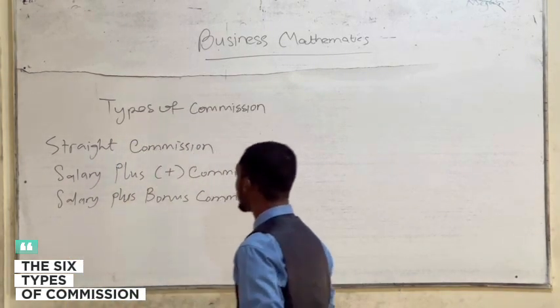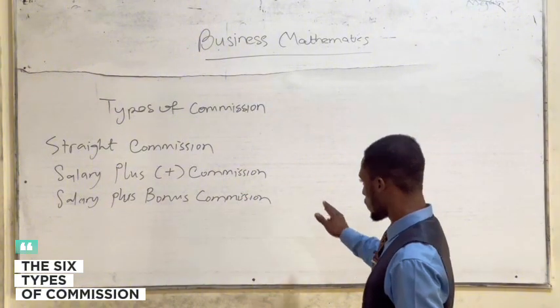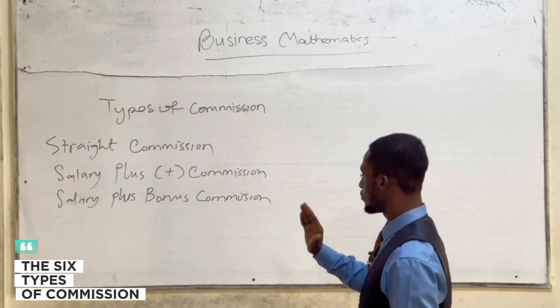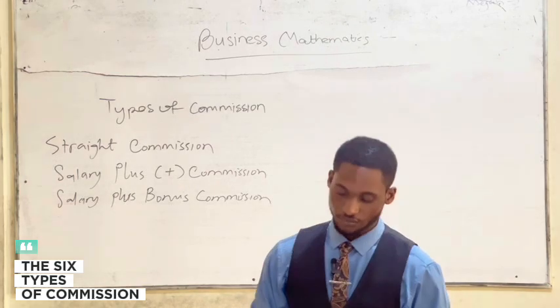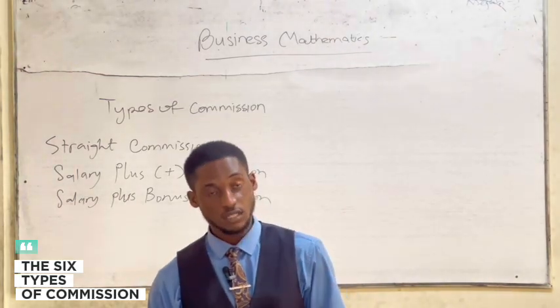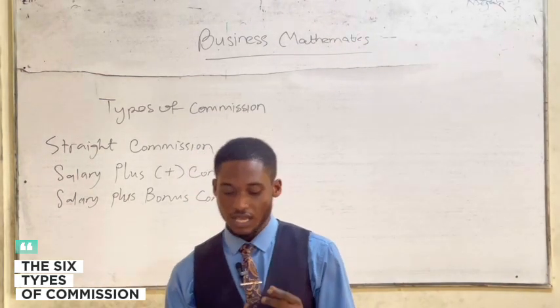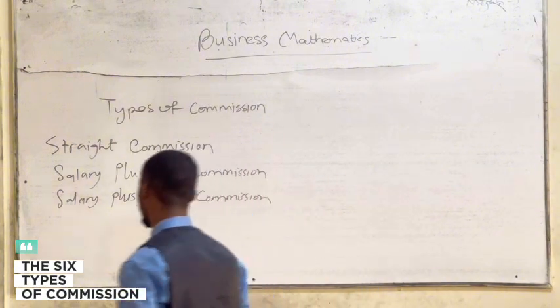So now we have on the board straight commission, salary plus commission, salary plus bonus commission, making it 3. So 3 more. We have graduated commission, override commission, and outright commission.